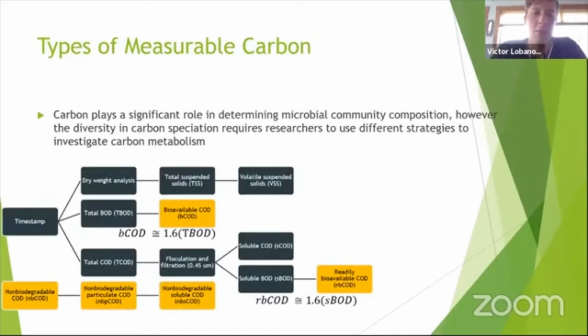When we're trying to measure carbon, I thought that I would show what the tools are that we have available. So for an individual point in time, we can look at the total biological oxygen demand, PBOD. And from that, we can estimate the amount of bioavailable chemical oxygen demand, meaning that we can look at what type of carbon in a sample is available for microorganisms to use, and what type of carbon would take a long time for those microorganisms to break down.